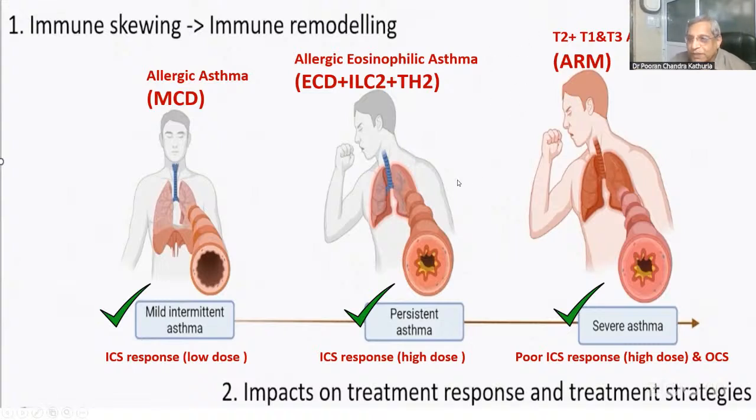While in case of persistent asthma, there is not only mast cell degranulation, but also eosinophilic cell degranulation, along with the cytokines of the ILC2 and Th2, they interact and are responsible for the ongoing inflammation. Here, even if we give a high dose of ICS, along with off-and-on OCS, patients may not respond, because of the remodeling as well as the inflammation, they either go parallel or one is predominant and one is less predominant.